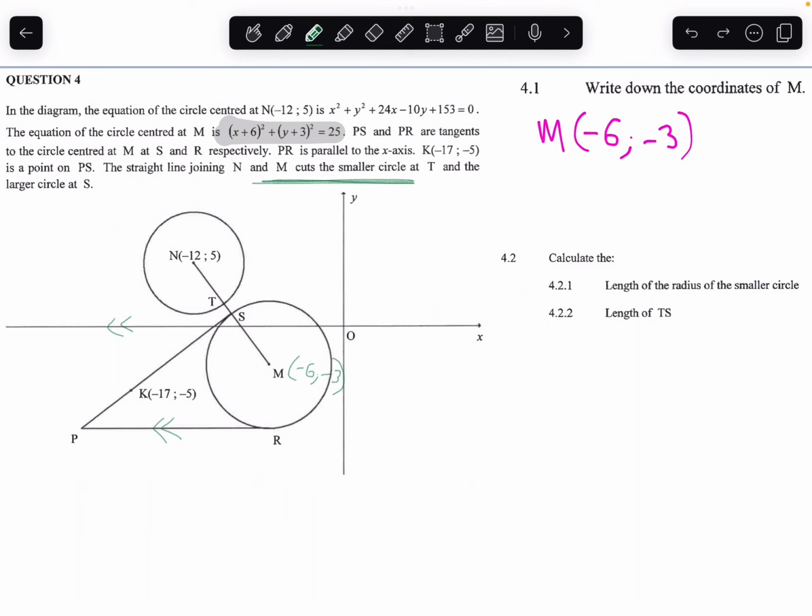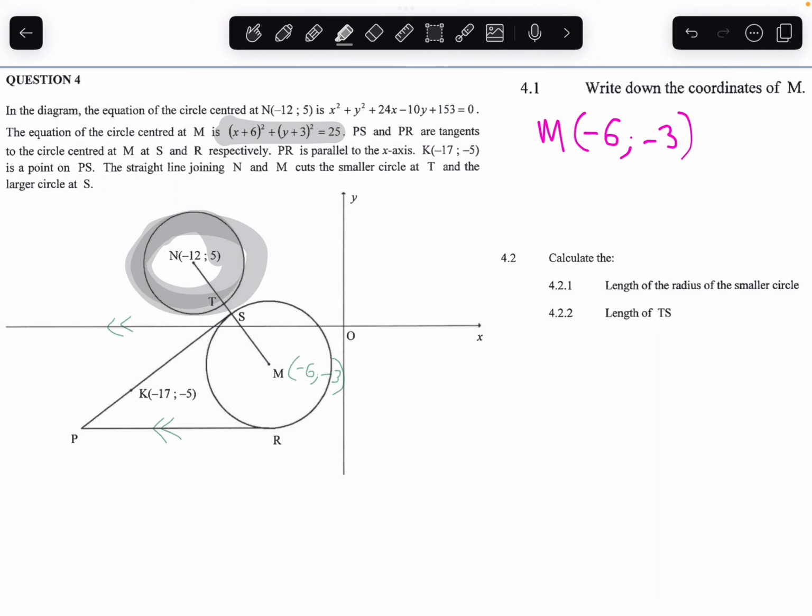We can't just look with our eyes, because remember, they keep emphasizing these things are not drawn to scale. So you can't just say it looked like the smaller one, therefore it is the smaller one. If they hadn't hinted it here, what you would have needed to do is to find the length of the radius of this circle, because we know that this circle has a radius of 5, the square root of 25, but we don't know what the radius is over here yet.